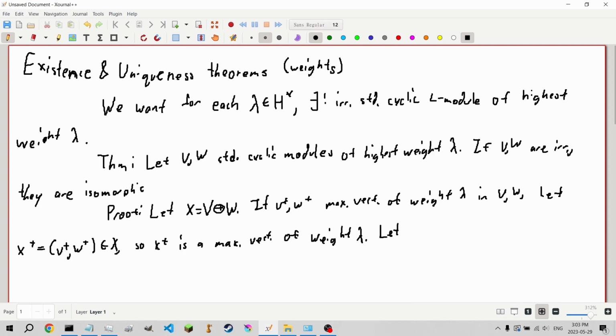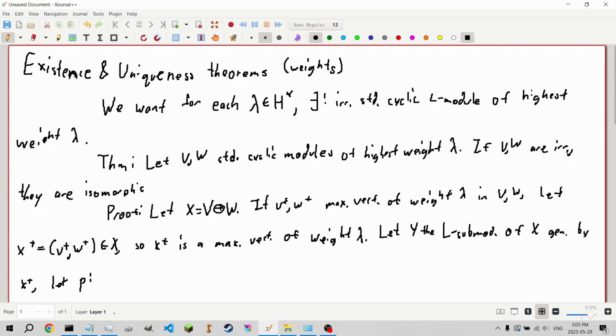Let Y be the L submodule of X generated by our X plus, being standard cyclic, of course.